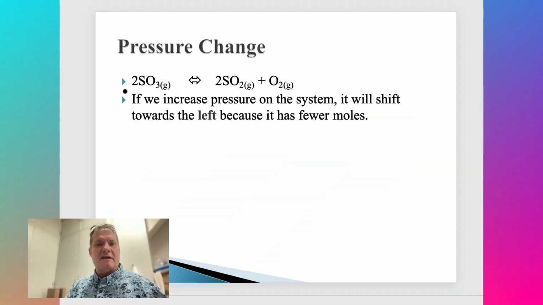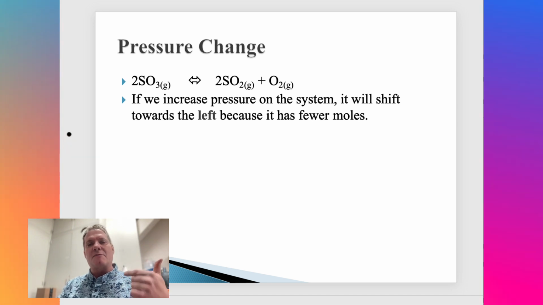For example, in this reaction, there are 2 moles of gas on the left and a total of 3 moles of gas on the right. So a shift towards the right would cause an increase in the number of moles, thus it would cause an increase in the pressure. Shifting to the left takes 3 moles and turns it into 2 moles, and that would cause the system to reduce in pressure.